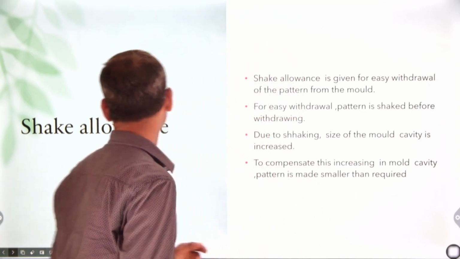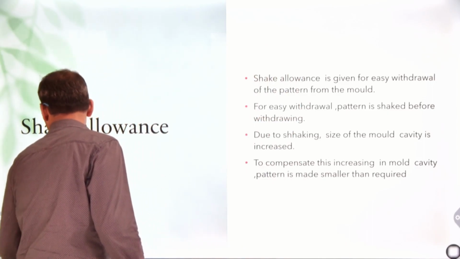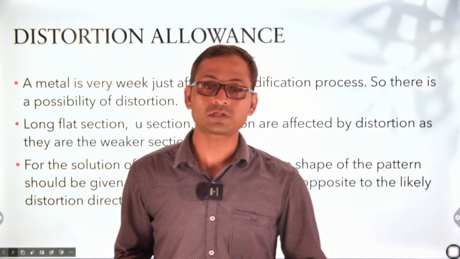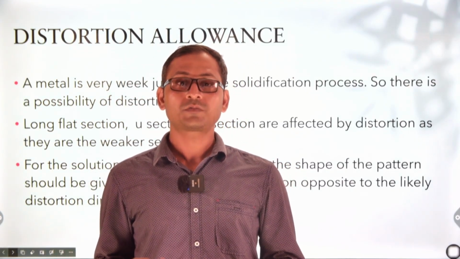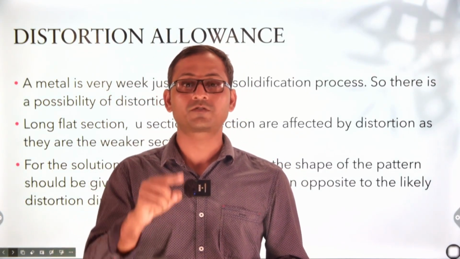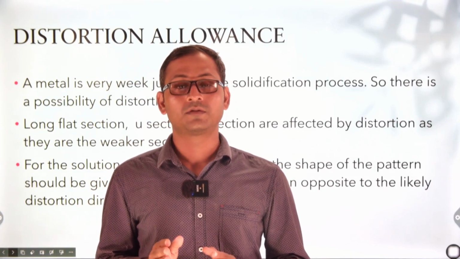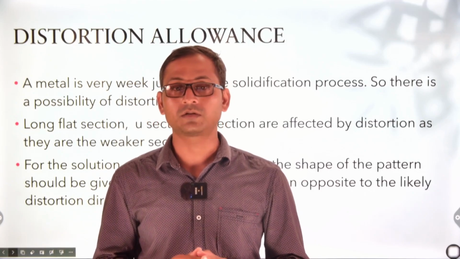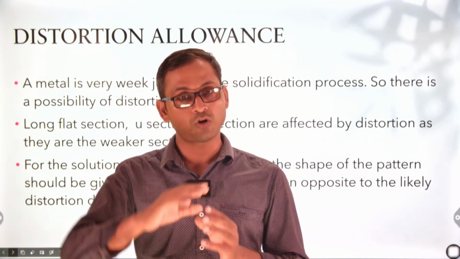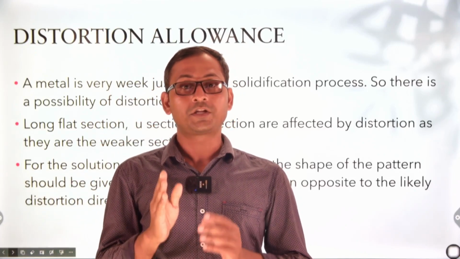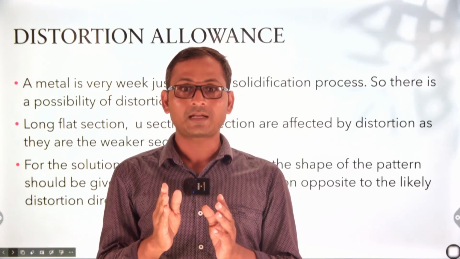Then comes your distortion allowance. So what is distortion allowance? There are some thin sections, U sections, V sections. They are weaker sections in the casting. During solidification, as they are weaker, long, thin sections, U sections, they distort, they get out of shape.